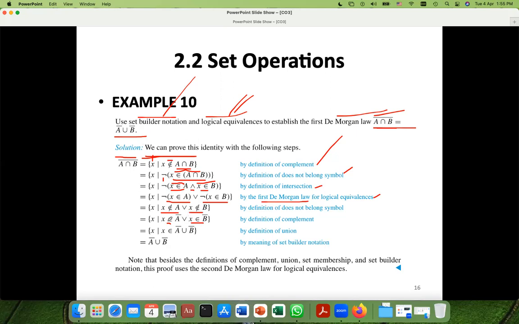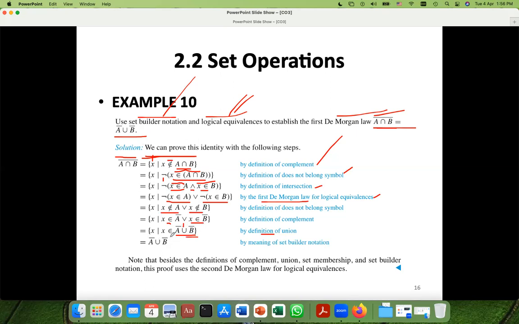So now X belongs to A bar or X belongs to B bar. So now by definition of union, X belongs to A bar union B bar, because this OR symbol is equal to union and the AND symbol is equal to intersection.